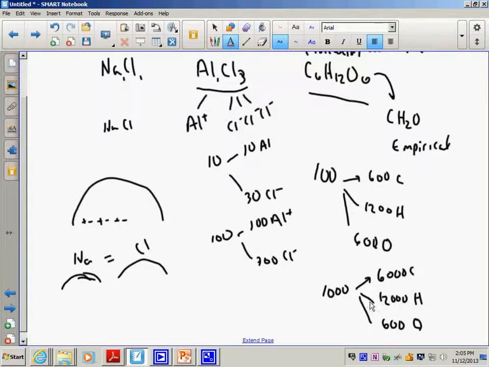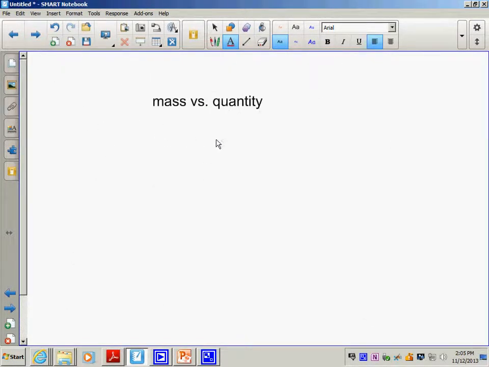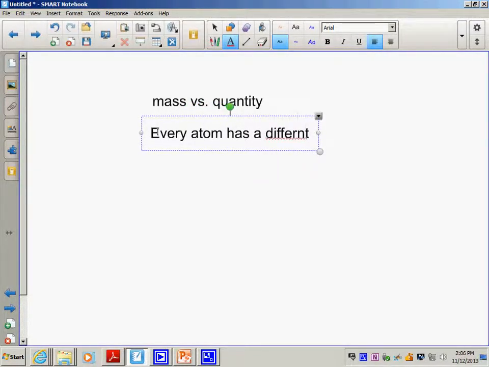Does that mean for every single molecule of glucose, the majority of the weight is due to hydrogen? It might look that way, 12 of them, and then we have 6 carbons, 6 oxygens. Well, the problem is that each item has its own weight. Every atom has a different mass.